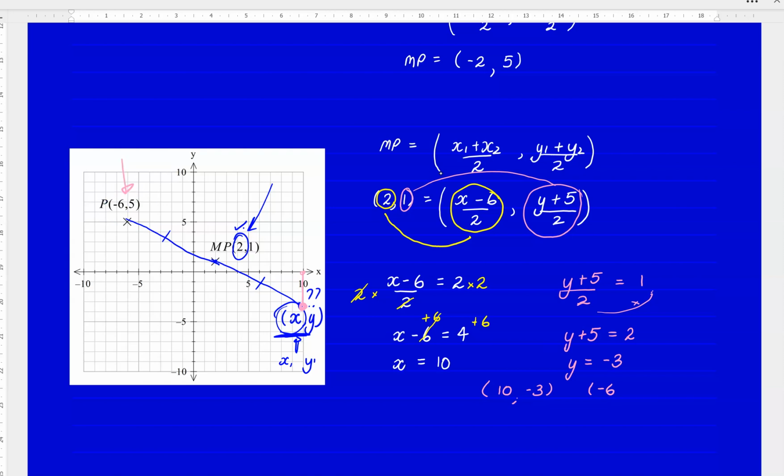Minus 6, 5. You could now pop that into your formula and you'll see if we get the same answer of 2, 1. But let's just trust that that will happen. Okay, let's do one more of those.